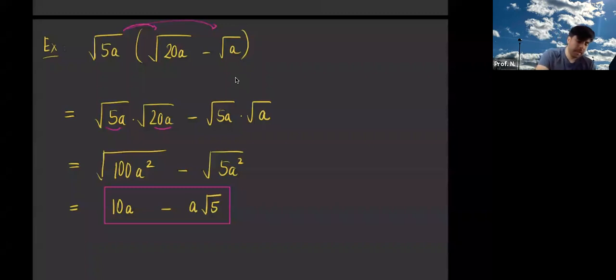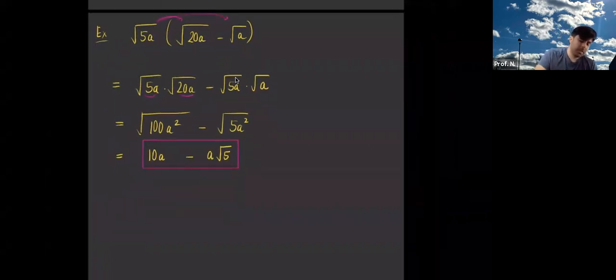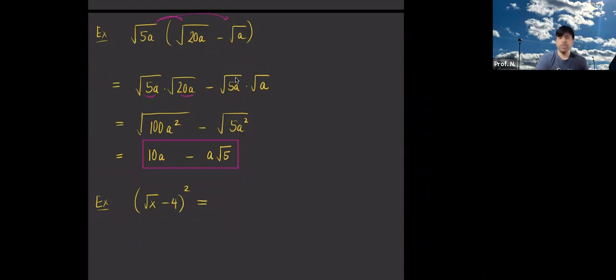Alrighty. So we're just extending our ability to multiply things. Now we have radicals all over. What if I get something like this? Root x minus 4, squared. Now let me just tell you what you shouldn't do. I think I've mentioned this before, but please do not do this. Don't say that this is root x squared minus 4 squared. That's not true.